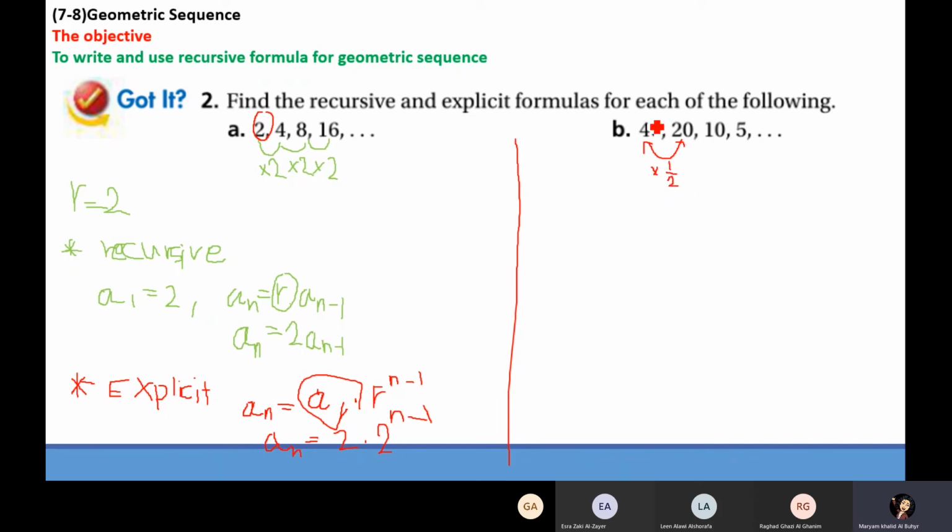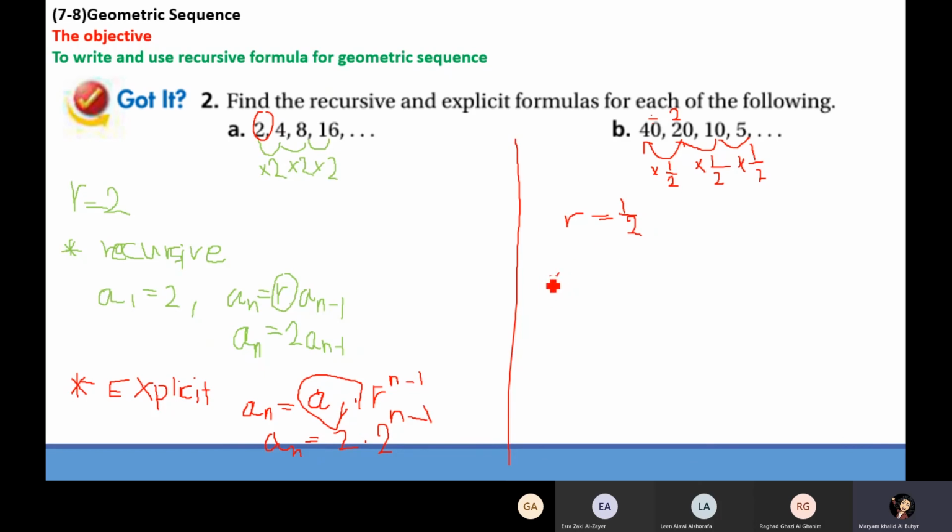It's up to you whether you say divide by 2 or multiply by 1/2. But I will write multiply by 1/2 because I can write it easily in my forms. So that is my r. So r equals 1 over 2.